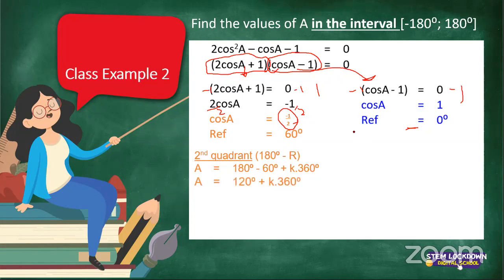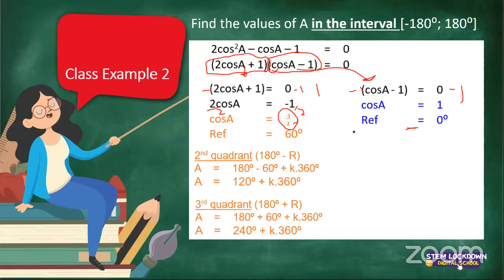And that means your general formula says 120 degrees plus K times 360 degrees, right? In your third quadrant, we have 180 degrees plus your reference angle. So A there is actually 240 degrees plus K times 360 degrees.